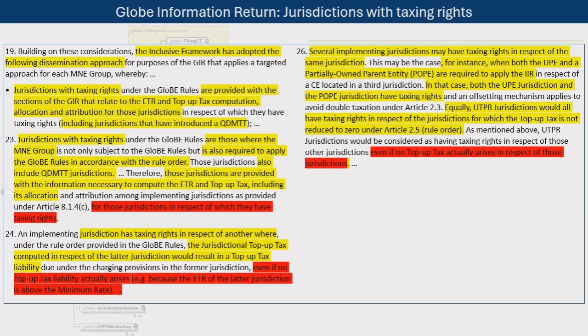So again, even if you have companies receiving payments from under-tax payment jurisdictions and they are paying more than 15% tax, does that mean that they nonetheless should get the information on the taxes of those jurisdictions to whom they've made the payments? It would seem fair to say that they should, because otherwise they don't know whether those taxes have been paid or not.